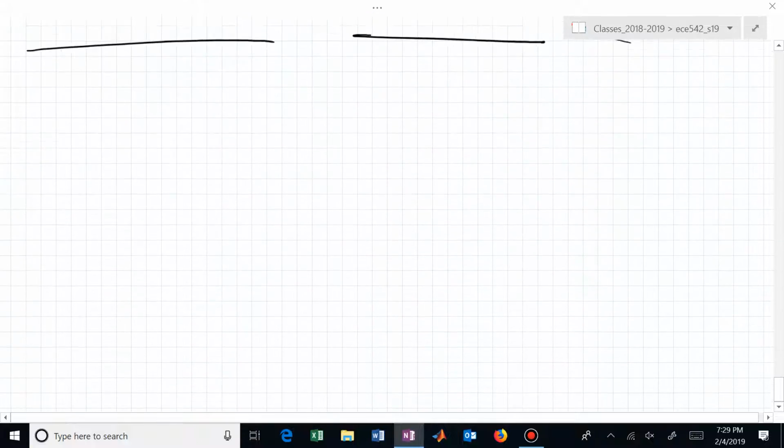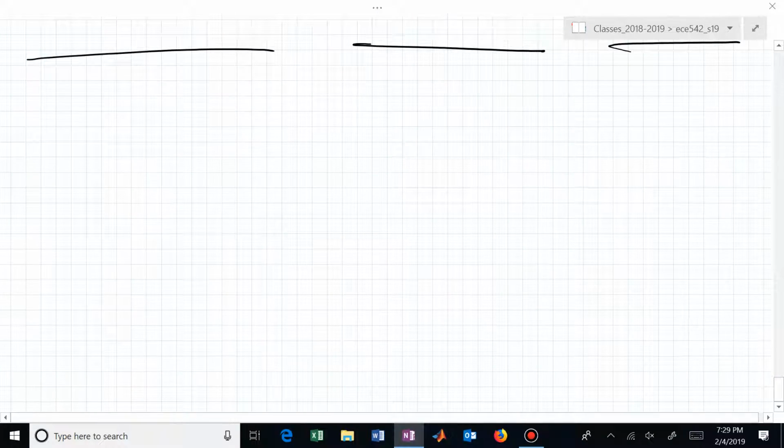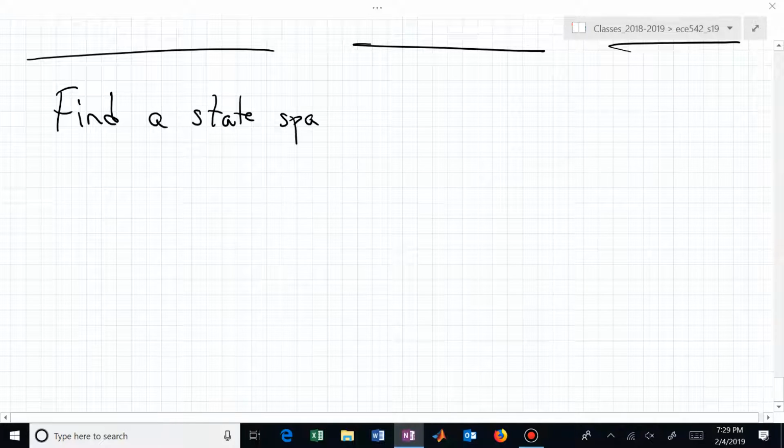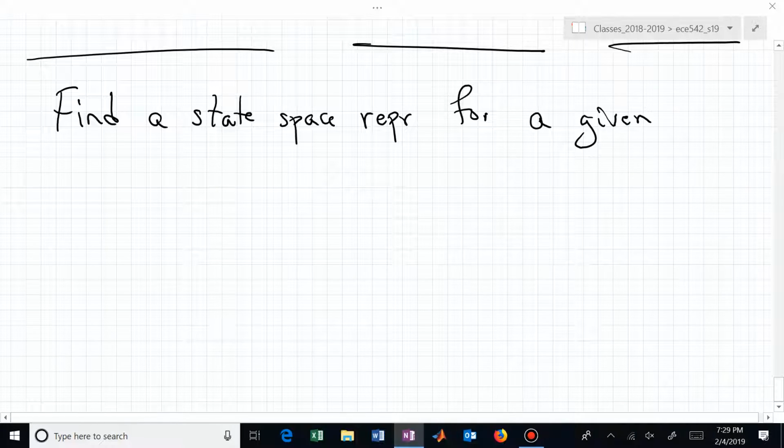Suppose now that we wanted to find a state space representation for a given difference equation.